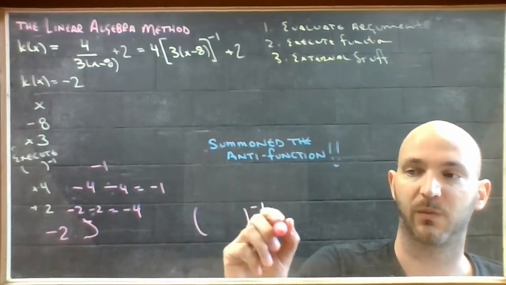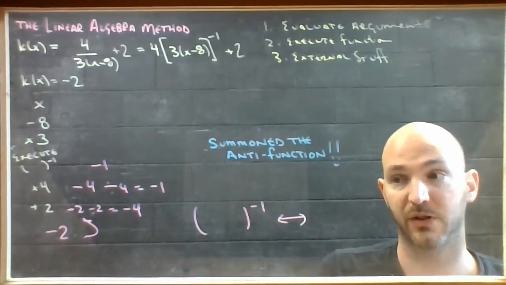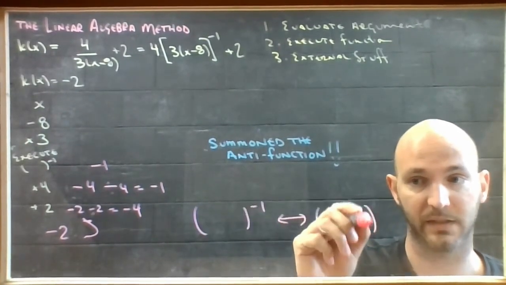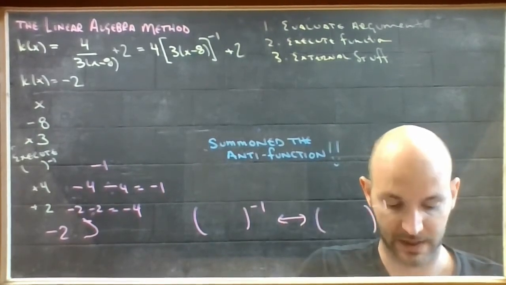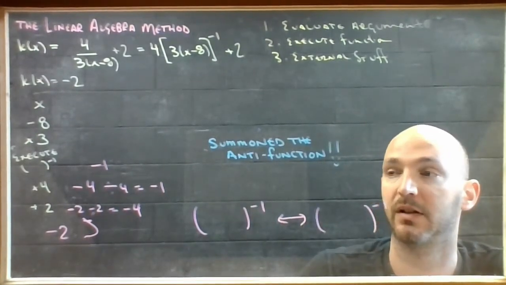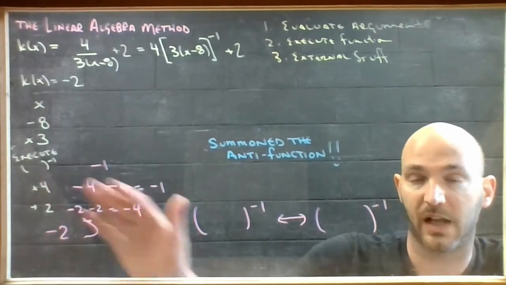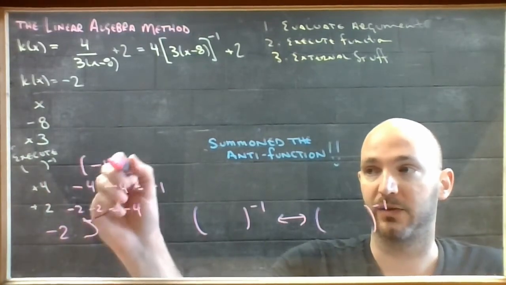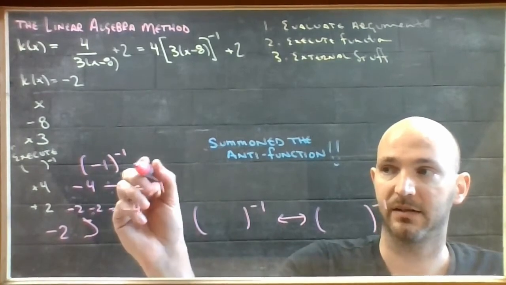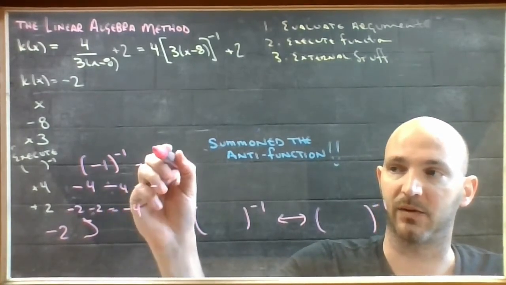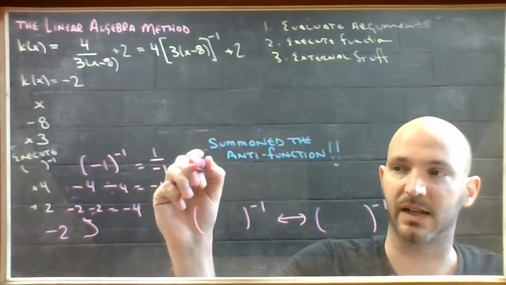This function's a bit weird. The anti-function for something to the -1 is something to the -1. It's its own anti-function. So in order to undo this, I'm going to have to apply it to the other side. -1 to the -1 is 1 over -1, which is -1 is my answer.